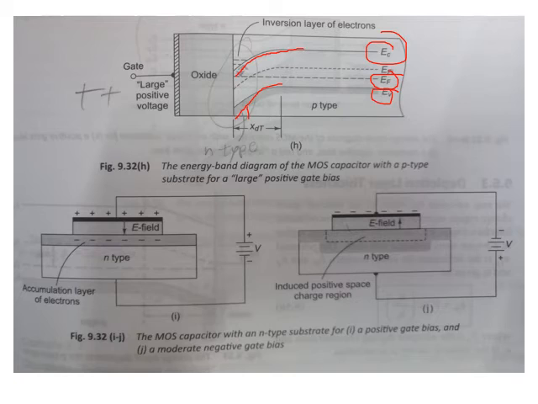So what about the next? For n-type you should answer here. I have explained it for p-type, correct? Now you tell me, this is n-type, what are the majority carriers? If I apply positive potential, what will happen?